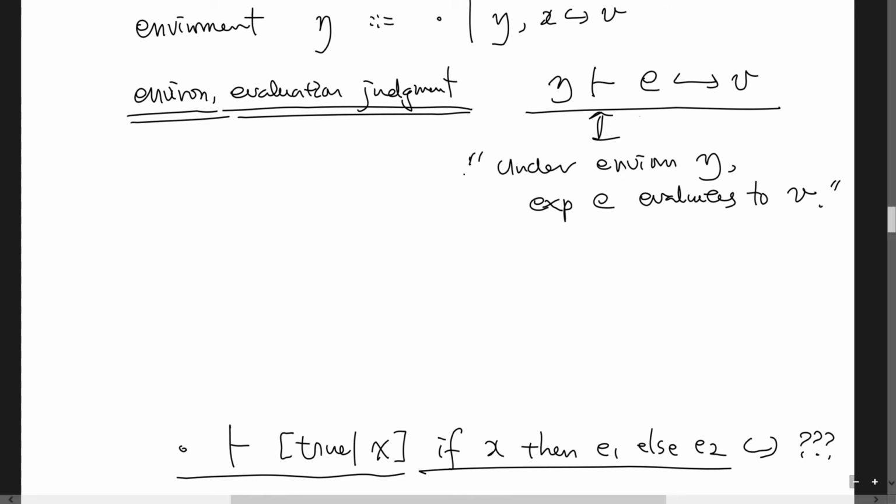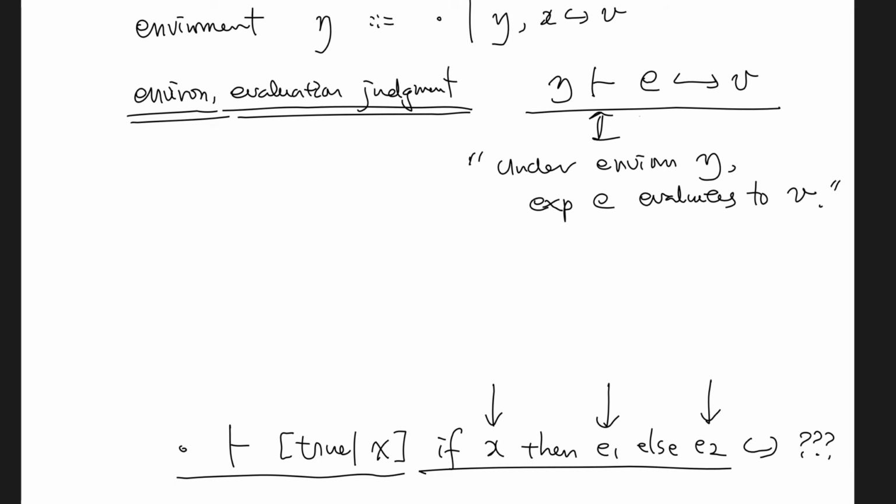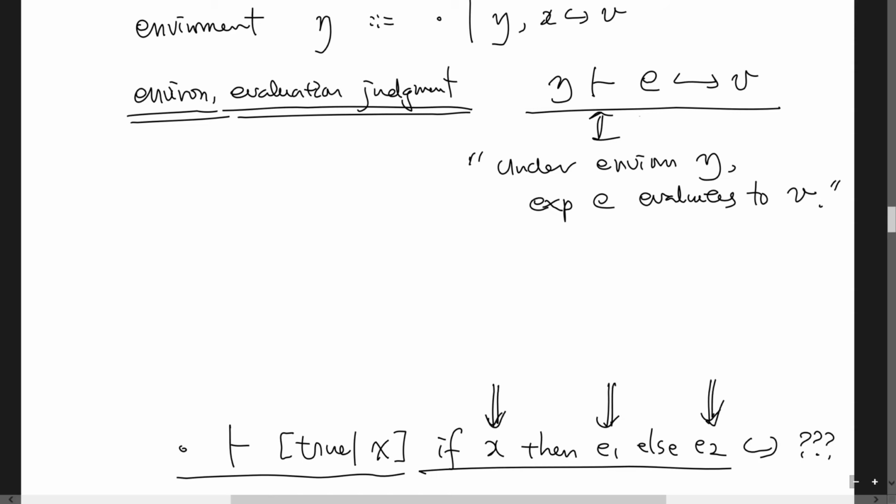So we locate every instance of variable x. Here we have one instance, and expression e1 and expression e2 might also contain lots of instances of variable x. So we have to locate all such instances of variable x and replace them with the value true at this stage. But that's not the way that we evaluate the expression now, because now we exploit this environment.